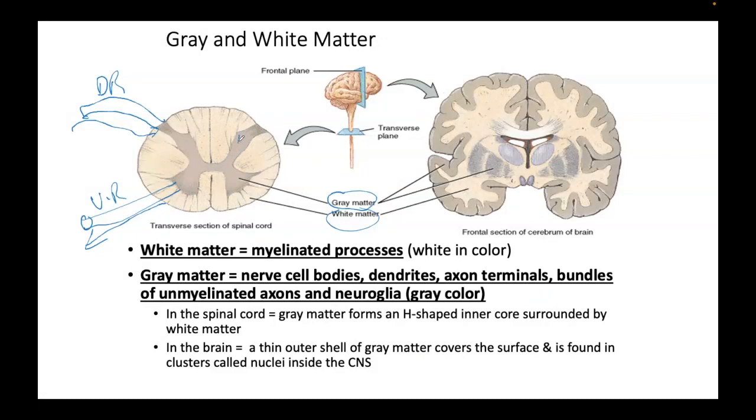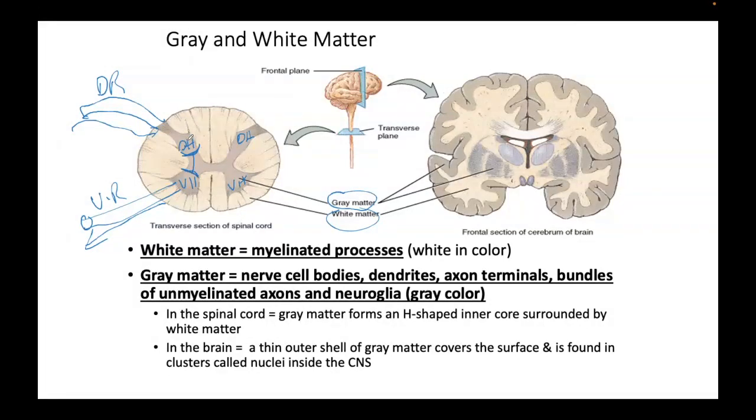These are the horns. This is your dorsal horn. These are your ventral horns. Dorsal horn, ventral horn. So all the sensory information comes in and synapses on the dorsal horn. Then you have that interneuron.